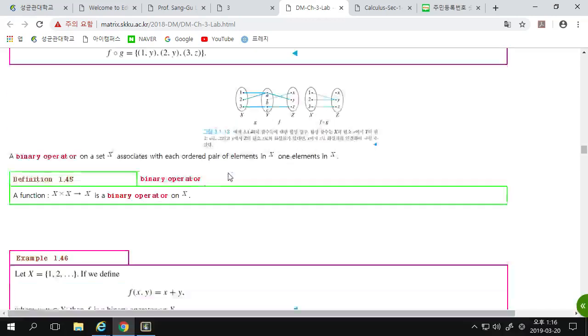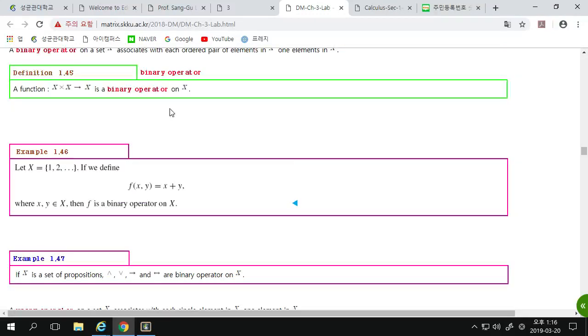Binary operators. A function from X cross X, the Cartesian product, to X is a binary operator. You choose two elements from X and the cross product is sent to an element in X. We call it a binary operator.